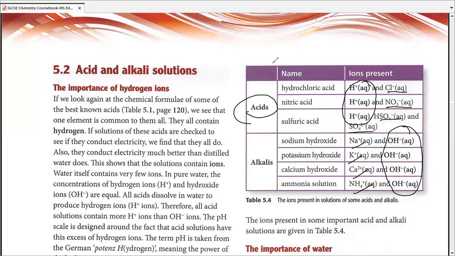So you should be able to bifurcate any acid or alkali into ions. Let's say I talk about phosphoric acid, the formula for which is H3PO4. We should be able to bifurcate it into ions. It can give you H positive ions and negative phosphate ions. So we should be able to see that it's an acid, it would give you H positive, and it is going to give you any negative ion as per the acid itself.